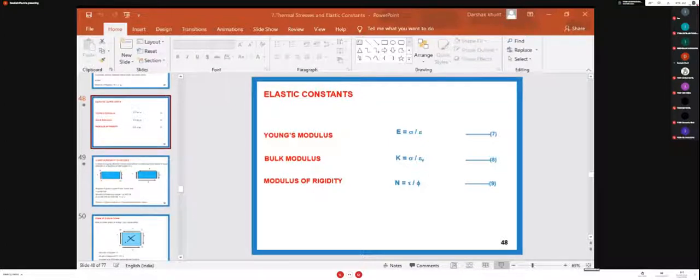This shows the relations between mu, K, and N. So these four equations are important. Using these equations, you have to find out the unknown parameters. So let's see the problems so you can get a clear idea about it.